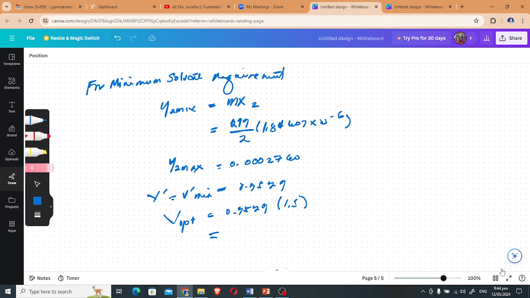So we have V optimum, 0.52935 moles. So that's your V optimum. Now we will determine then V2, the amount of gas leaving the tower, our solvent gas.